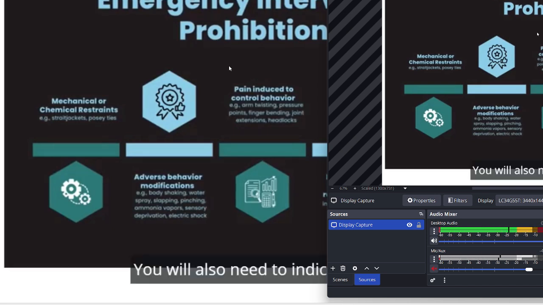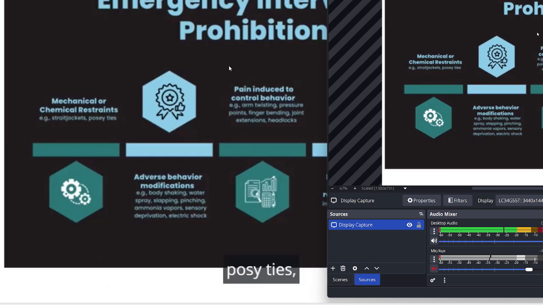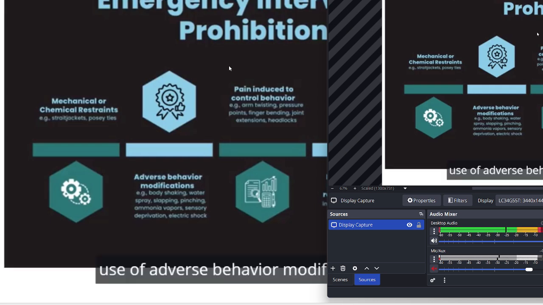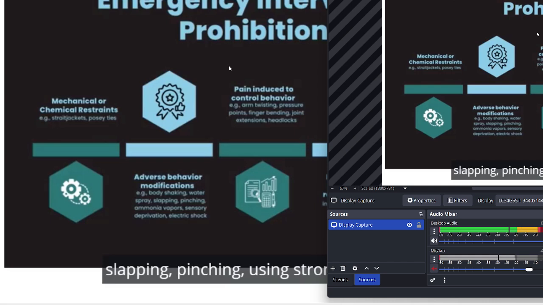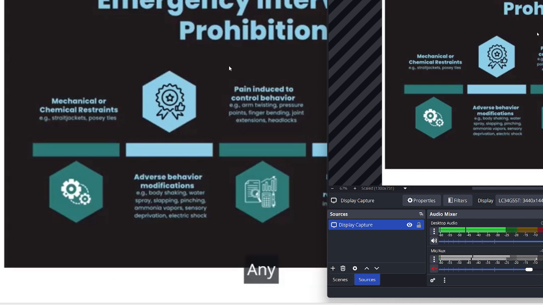You will also need to indicate your awareness of emergency intervention prohibitions, which include the use of mechanical or chemical restraints, such as straitjackets, posey ties, the use of adverse behavior modifications, such as body shaking, water spraying, slapping, pinching, using strong ammonia vapors, sensory deprivation and electric shock, using pain to control behavior, such as putting someone in a headlock, using pressure points, finger bending, joint extensions.